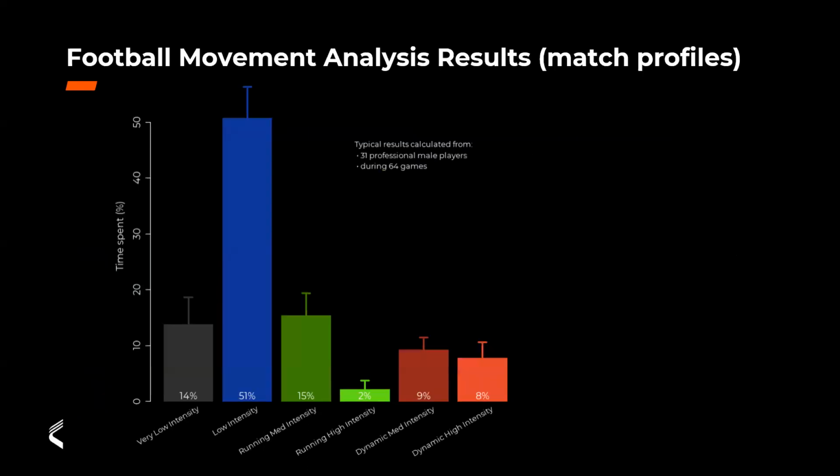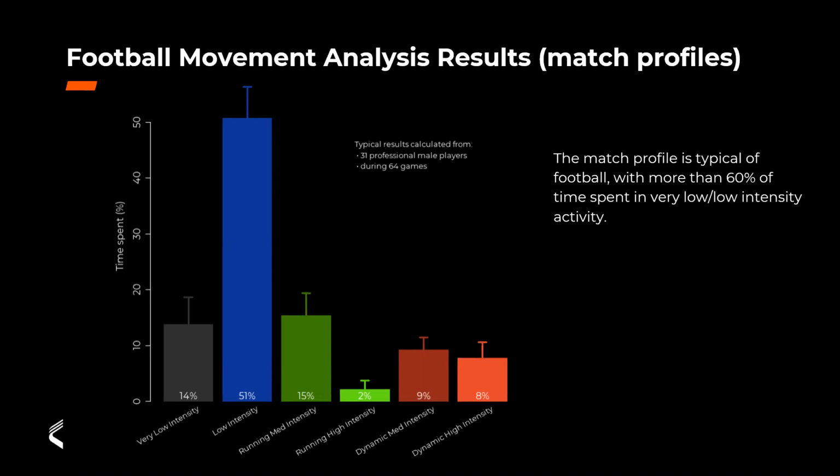Let's look at this practically. What we've got here is match analysis profiles from 31 players during 64 games, so an awful lot of observations, and we can see there is a certain amount of time spent in each of these 6 zones.